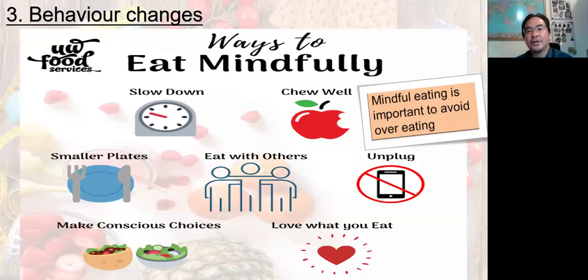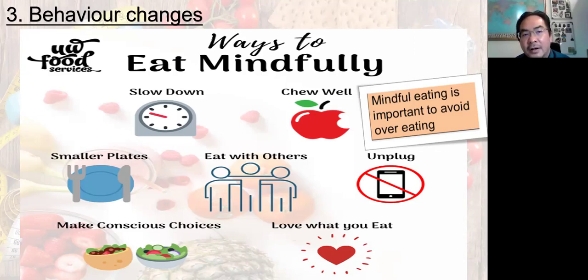How about behavioral change? This might be even more important than diet and physical activity. So basically, behavioral change, you really, really need to make a conscious mind to try your very best to change your lifestyle, basically. Basically, try to change all the bad habits.